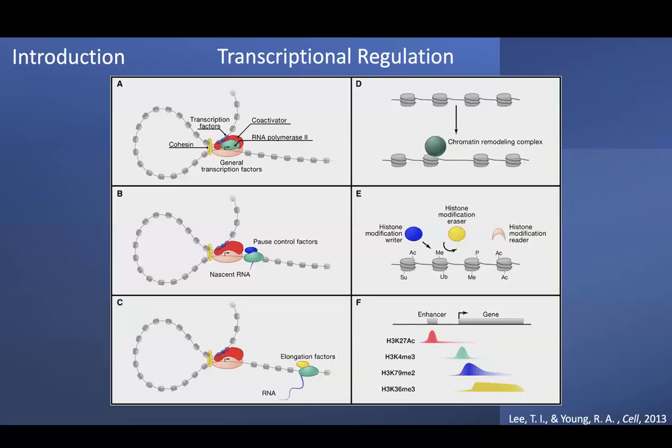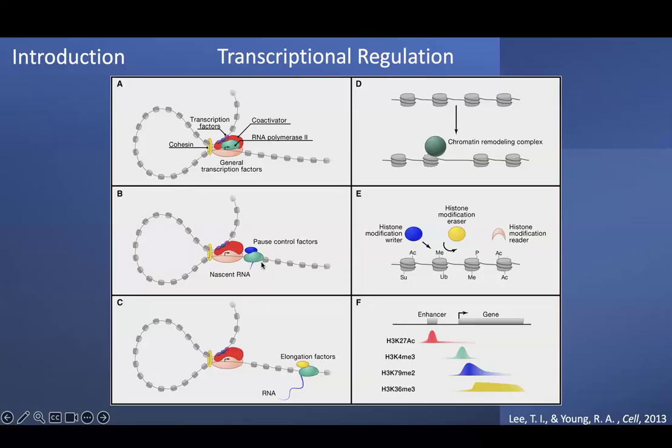Here is the basic knowledge about transcriptional regulation. Transcription begins with the transcription factors and cofactors forming the pre-initiation complex with RNA polymerase at the promoter region, stabilized by the mediator and cohesin.